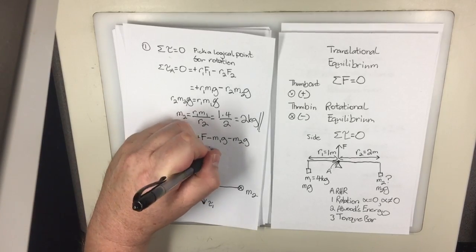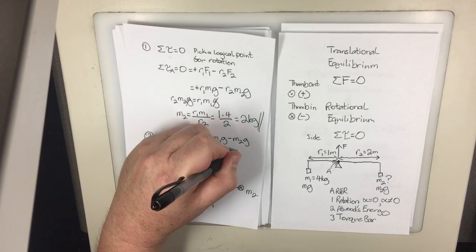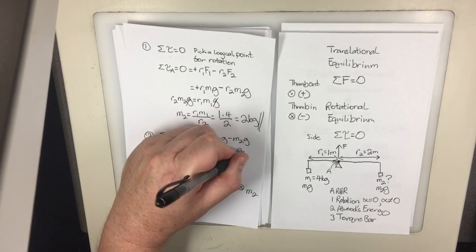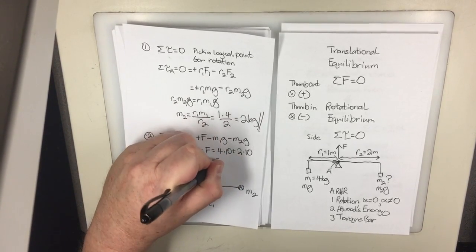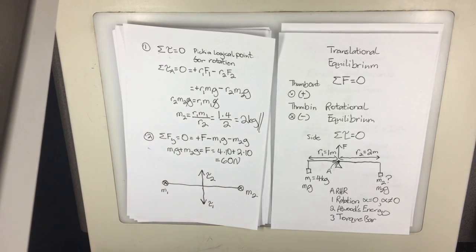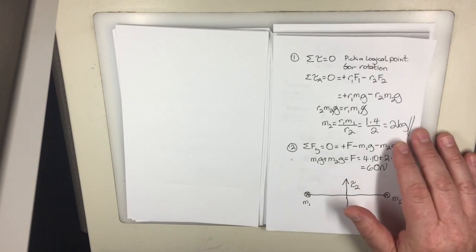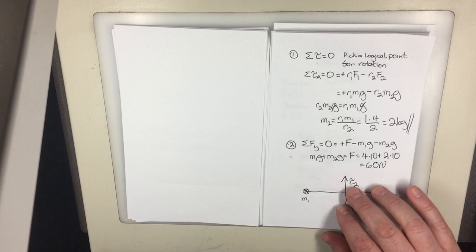That is 4 times 10 plus 2 times 10. So that is equal to 60 newtons. And that's the force. That's a very simple torque bar equation problem.